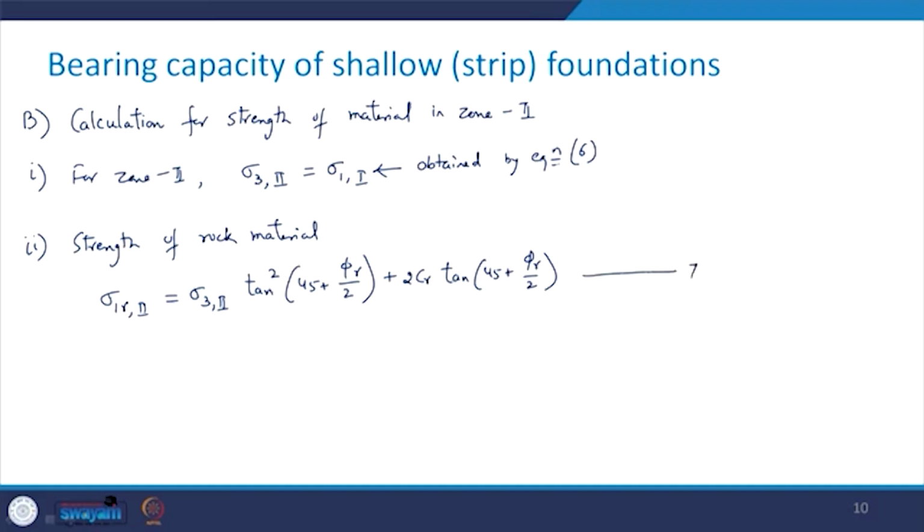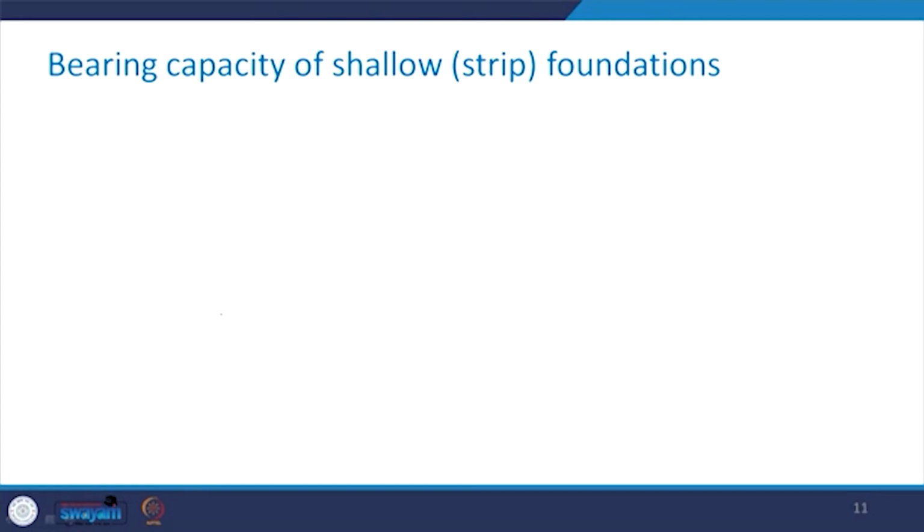Make it equation number 7. So, here sigma 3 is no more 0 as it was in case of zone 1. Now, let us try to get the strength of the discontinuities in the second zone. So, we have the third step for the evaluation of strength of discontinuity.